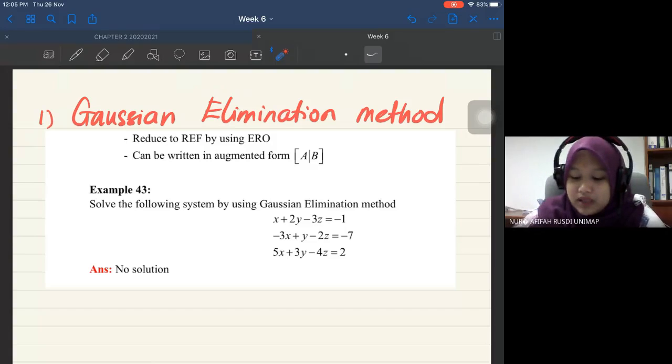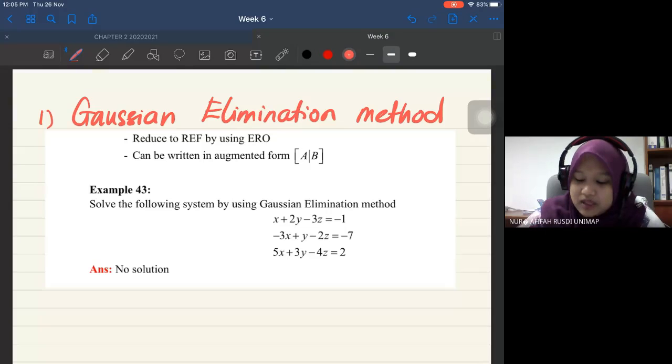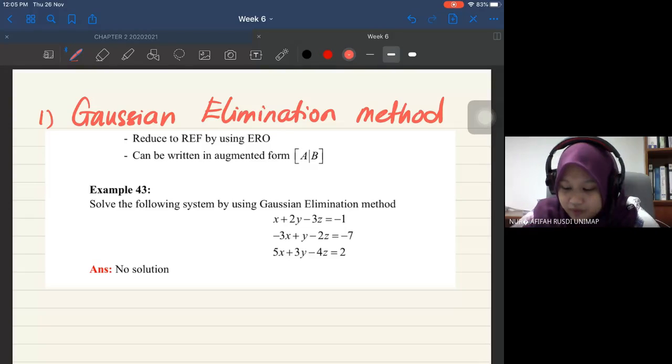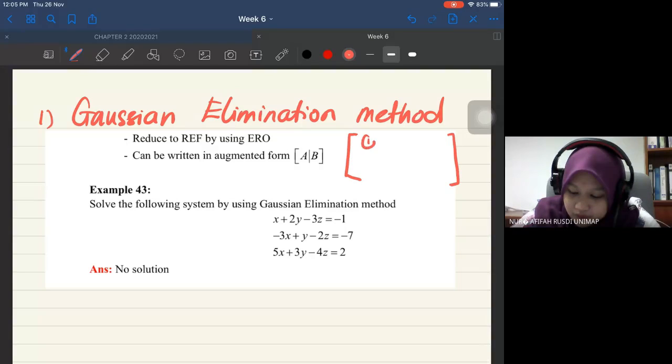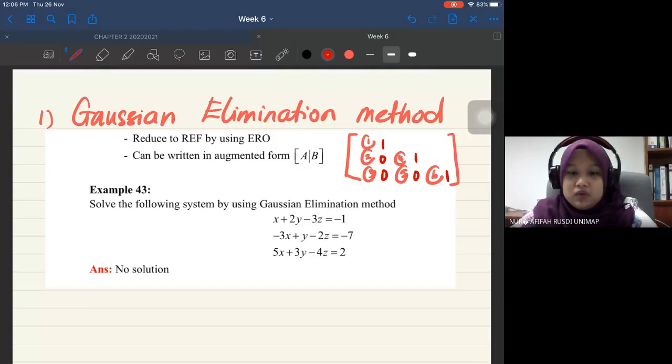So untuk memudahkan awak, saya bagikan guideline untuk macam mana kita nak tahu yang kita dah penuhi syarat-syarat REF tu. So bila you nak buat, kita akan start dengan nombor 1, 2, 3, 4, 5, 6. If you still remember, saya ada bagi numbering ni waktu kita belajar inverse by using ERO.